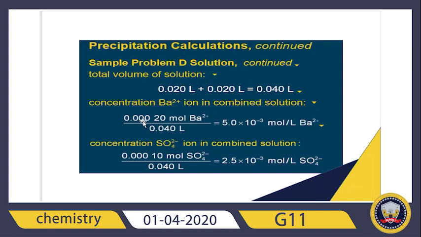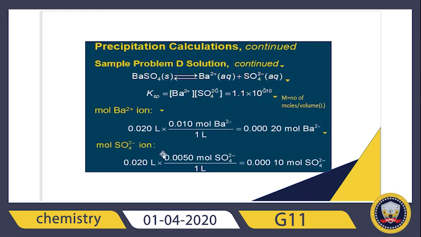Remember, we calculated the number of moles of each ion, so here you just need to divide each value that we calculated by the volume of the solution. For barium, the number of moles that we calculated was equal to this value.